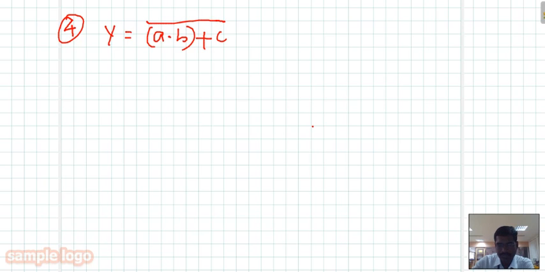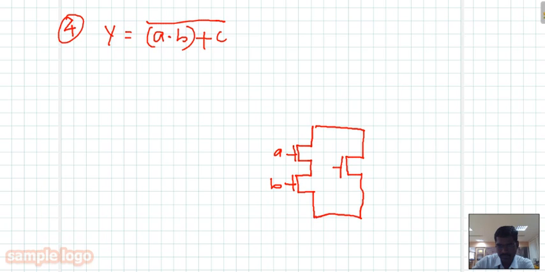So here we have A and B in series, and C is parallel to this A and B, connected to output Y. If this is series, here it should be in parallel.